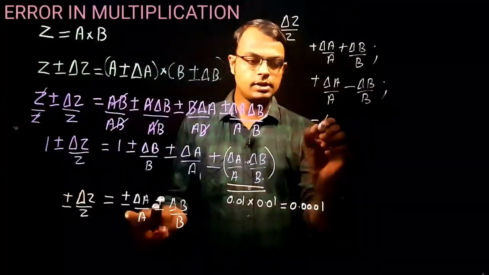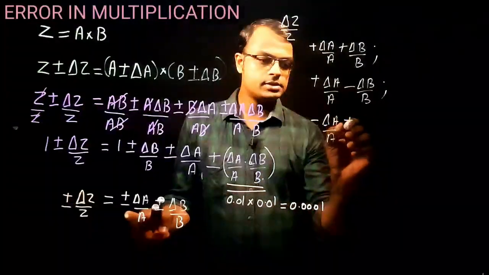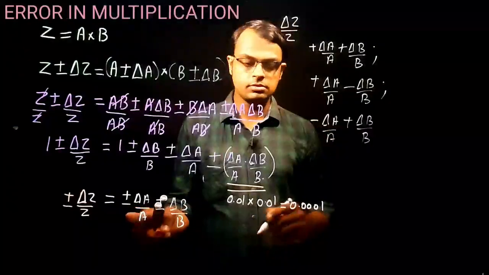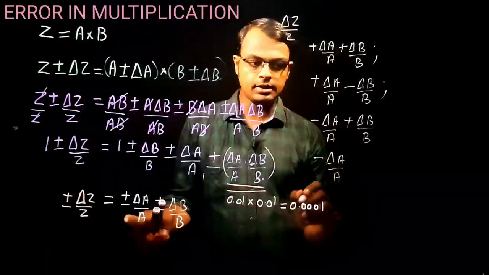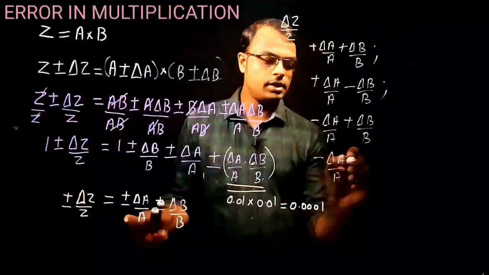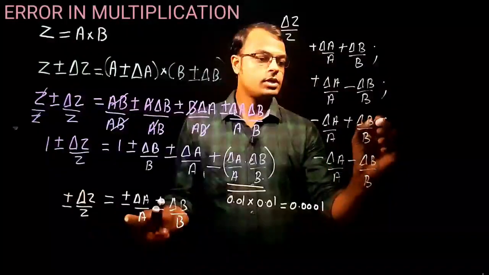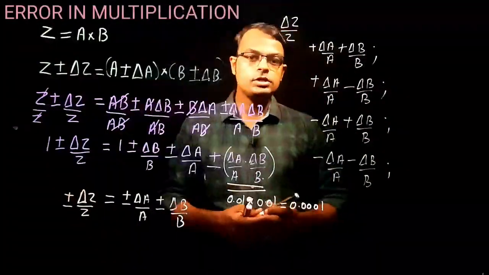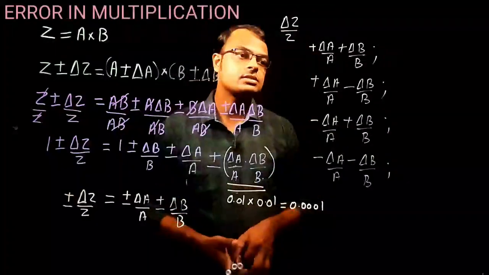Third combination, minus delta A by A plus delta B by B. That is the next combination. Last one, minus delta A by A, minus delta B by B. So among these four combinations of errors, which is the maximum possible error?